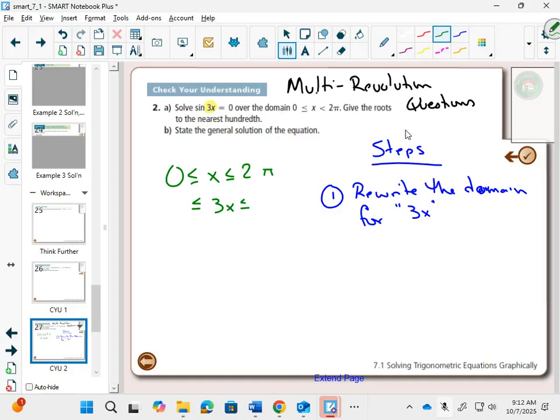So if x is between 0 and 2 pi, and you multiplied it by 3, does it make sense that 3x's would be between 0 and 6 pi? Which is, on the unit circle, 0 to 6 pi is once, twice, 3 times around. Multi-revolution questions because you're often going more than once around your circle. Okay?